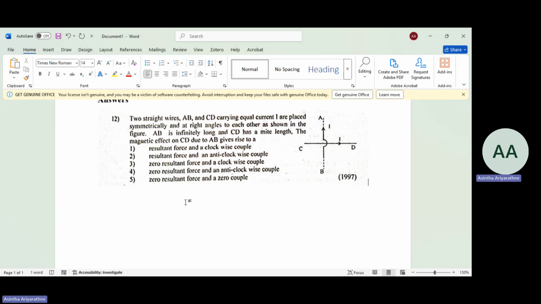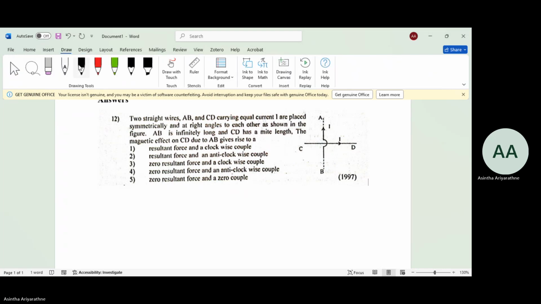AB is infinitely long and CD has a small length. The magnetic effect on CD due to AB gives rise to, so they are asking about the magnetic force acting on CD due to AB.